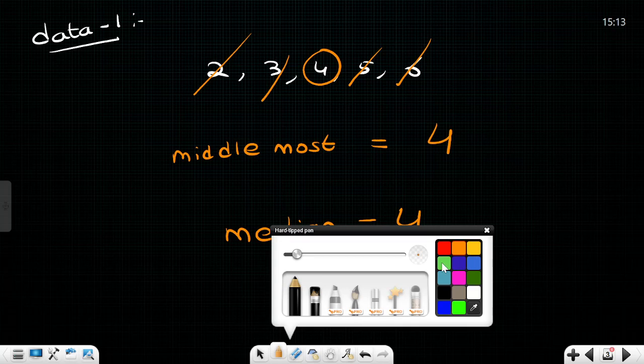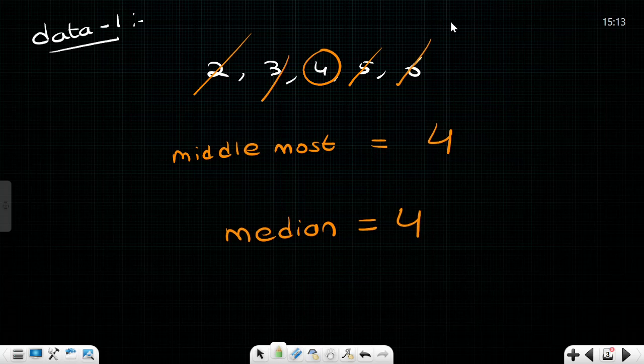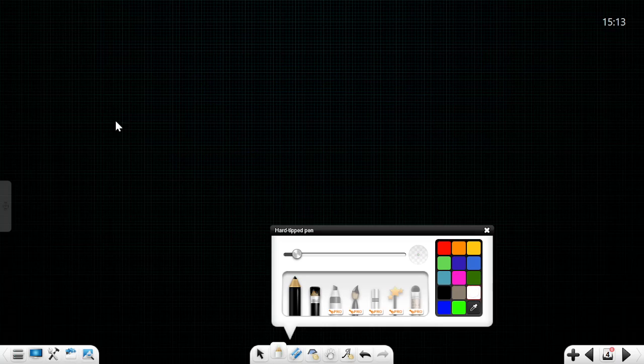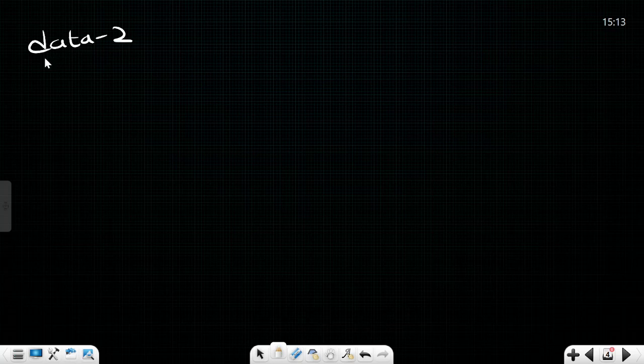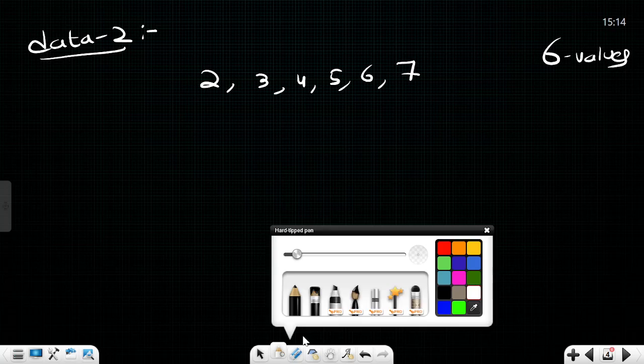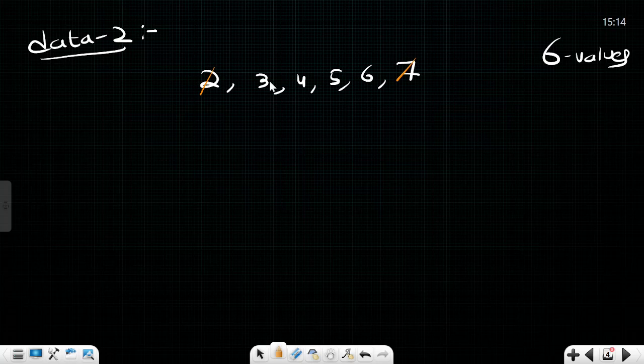If you think deeply, Akshita, you may get a doubt here. There are an odd number of values, 5 values, therefore you could exactly get the middle value. What if we have another kind of data, 2, 3, 4, 5, 6, 7? Totally we have 6 values. So how do you calculate the median here? Cancel the remaining things. You are left with 4 and 5. Don't cancel both of them and say that nothing is there, so no median.